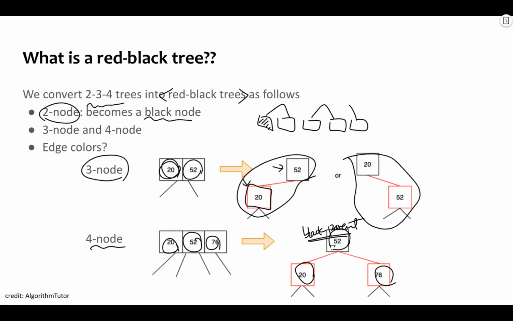All right. And it doesn't really matter how you color the edge. However, the convention is the edge follows the color of the connected node at the bottom. Okay, so it's not very important. The important thing is the color of the nodes. The edge color does not really matter.